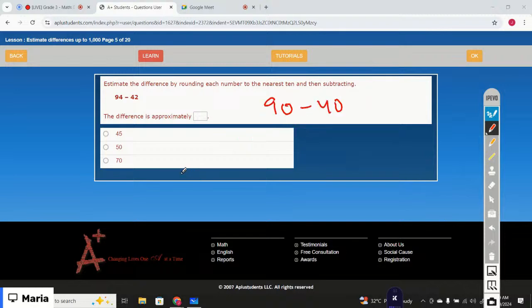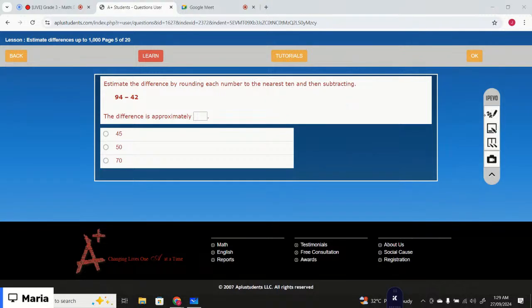So 90 take away 40 is 50. Option number 2 is the correct option.